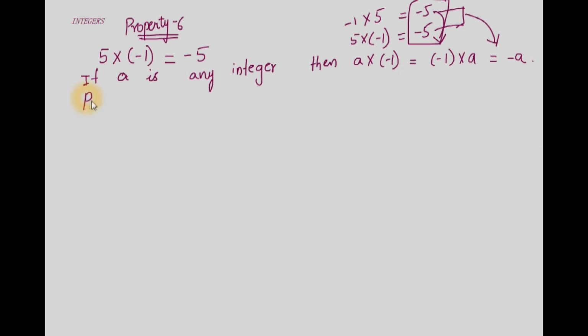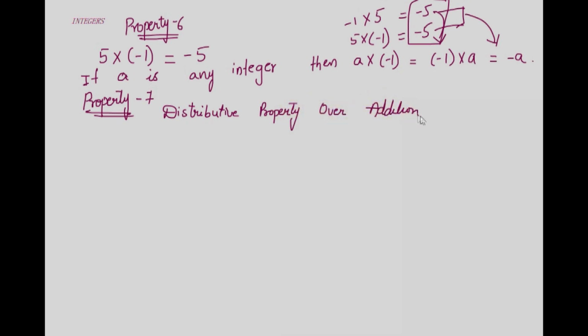Property number 7. This is distributive property over addition.